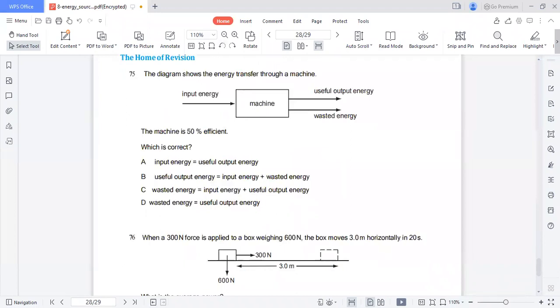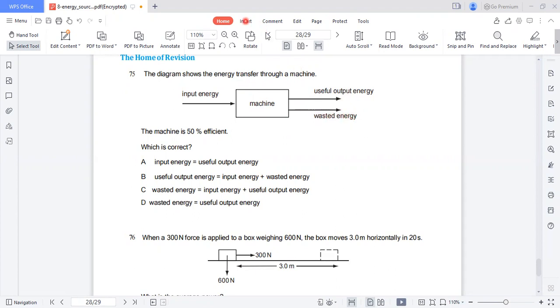Number 75. The diagram shows the energy transfer through a machine. Input energy is given to the machine, and there is useful output and some wasted energy. The machine is 50% efficient. So it is a kind of repeated question in which 50% is useful and 50% is wasted.